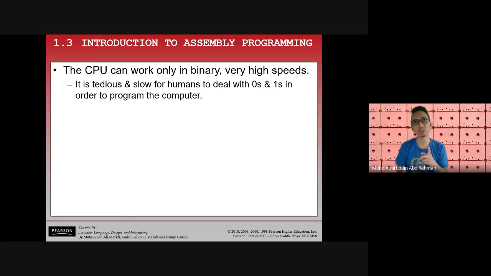So instead of typing 4, you must type 0100. If it were 4 million, it would take a lot of time to write the code. That's why it is very slow for humans to program the computer in binary.